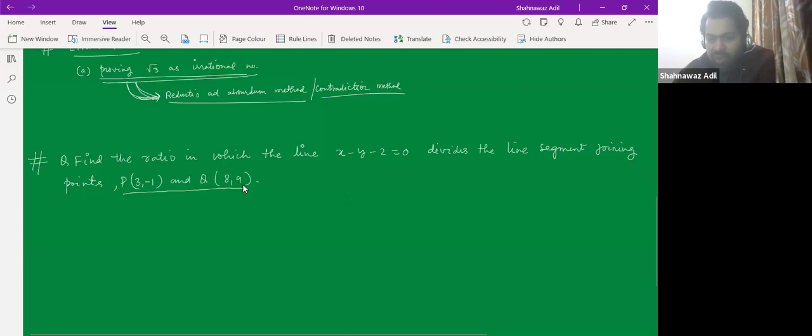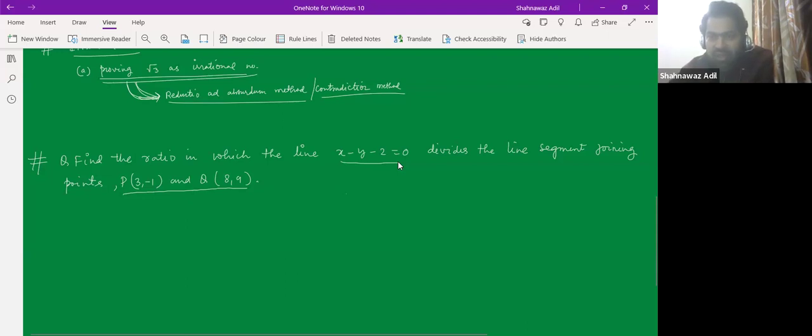Who is going to narrate the idea to me? What ideas are we going to follow? We can let the ratio in which the line divides be k. So first you have to find the coordinates x and y which divide the line, and then substitute the value in the equation and find it out. Good. So everybody understood what Aisha is saying?